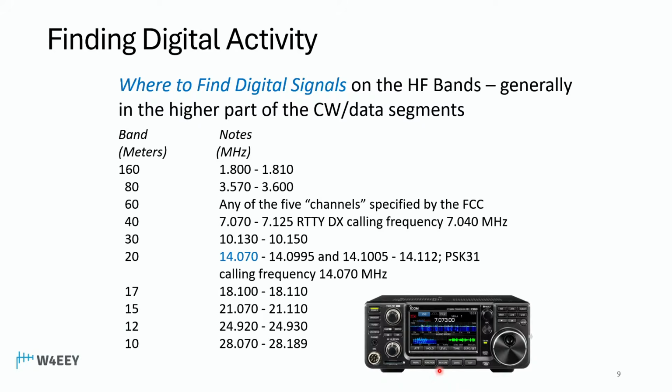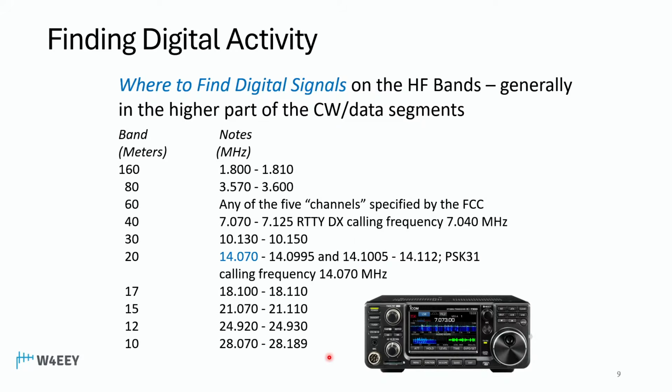So where can we find digital activity? Well, this, I believe, is in our book someplace. Yeah, page 6-2. And it shows where to find digital activity on the various ham bands. It tends to be on the higher part of the CW segment, CW/data segment.